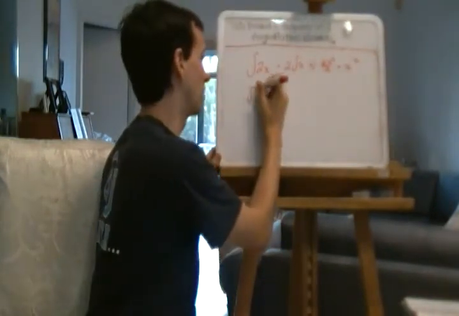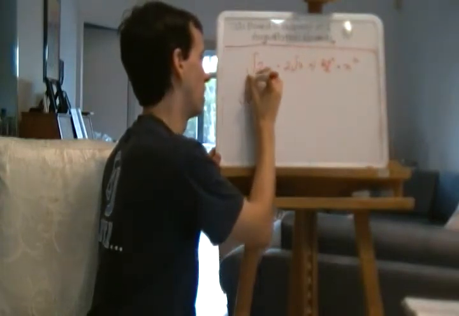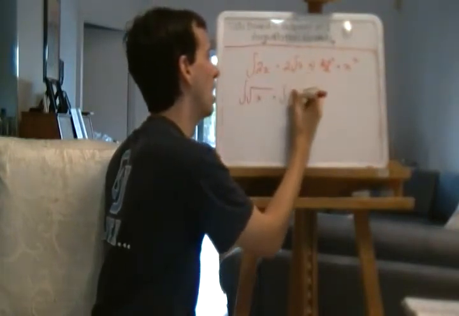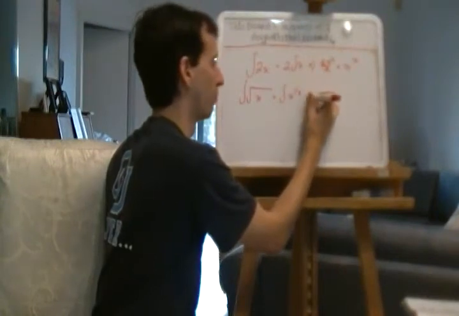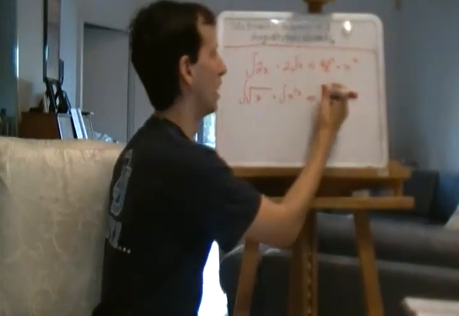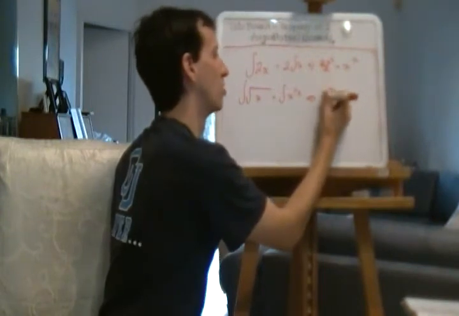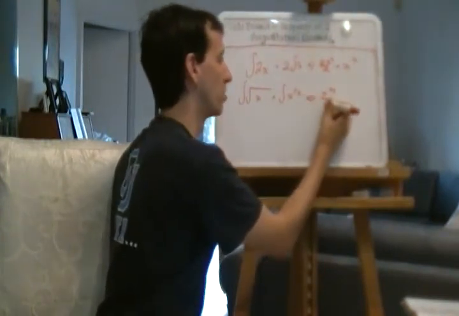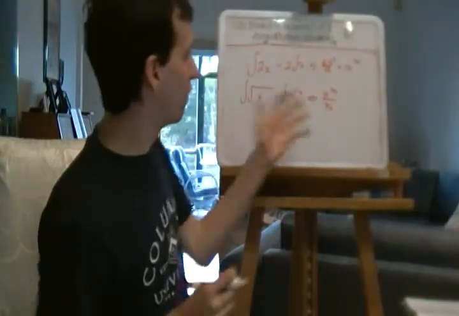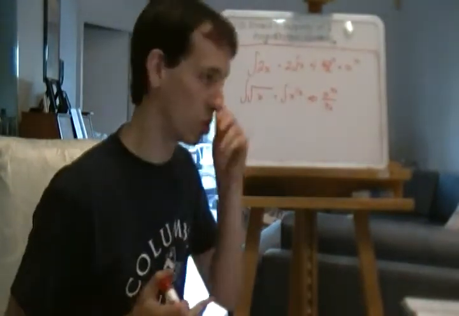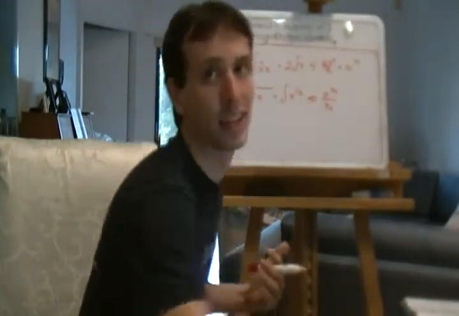We can even do things like the integral of the square root of x. That's really just x to the 1/2, and we can raise that by 1. x to the 1/2 plus 1 is 3/2, over 3/2. We can figure out all of those types of integrals. We can even figure out inverse trig integrals.